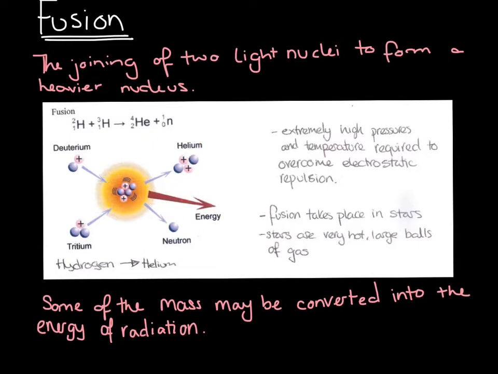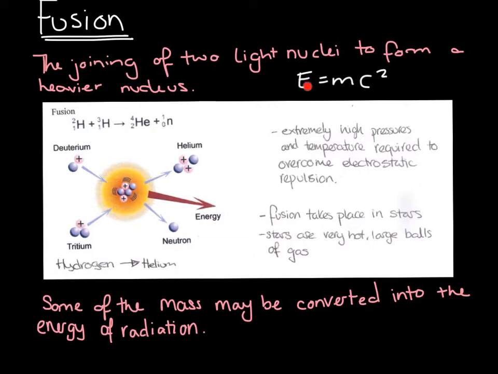But what has happened is that some of the mass that has essentially disappeared has been converted into energy, and that's this energy here. And this is where you might have heard of Einstein's equation E equals mc squared.